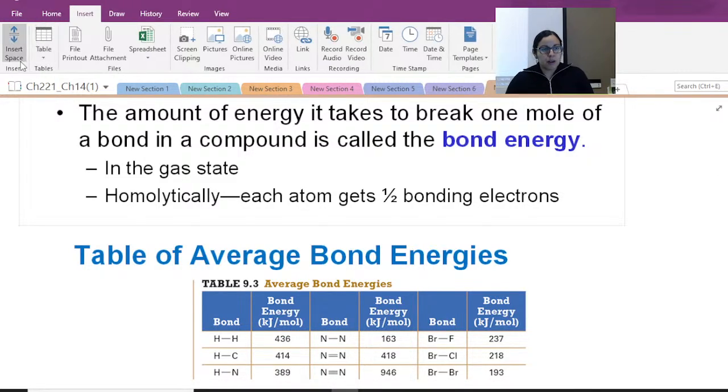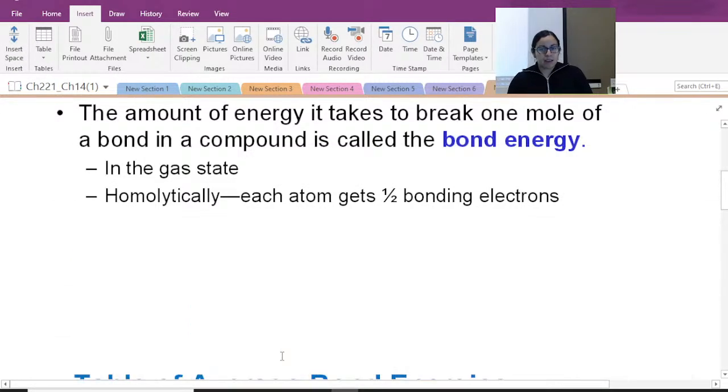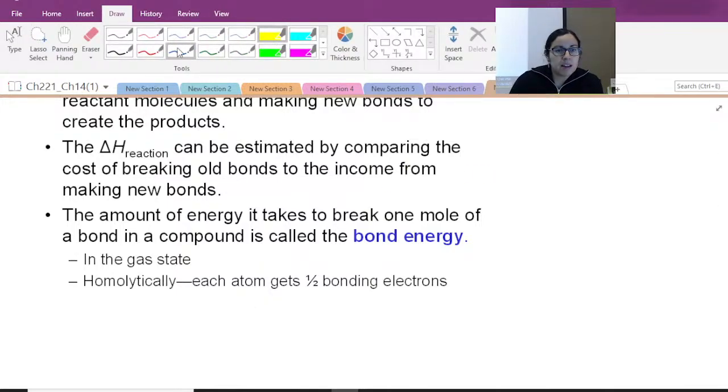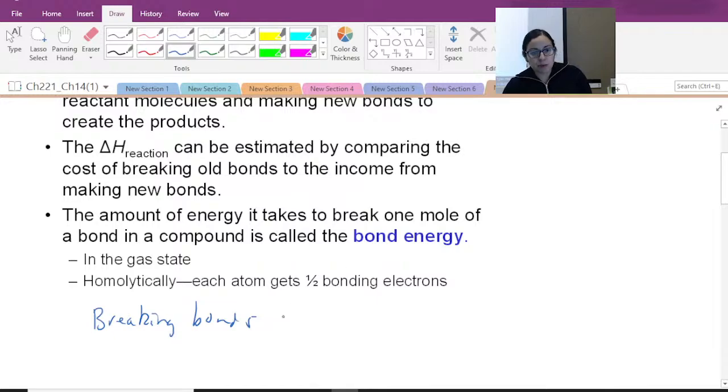So what we're looking at: breaking bonds requires energy. It says the cost of breaking bonds, so that's considered an endothermic process, because we have to add energy.